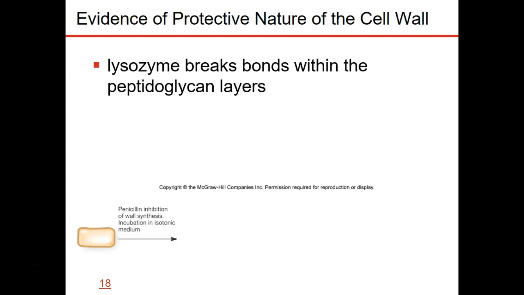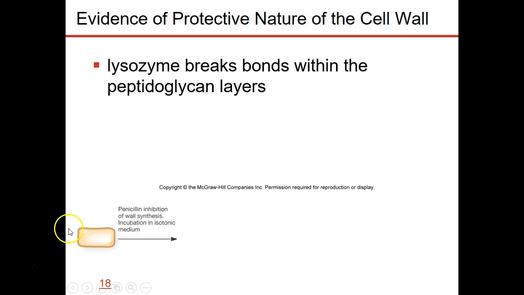Lysozyme is another chemical that can cause osmotic lysis because it breaks through those peptidoglycan layers, and when it does so, it causes the cell wall not to have the integrity that it did, and so the bacteria are more prone to fluids moving in, causing the cell to burst.